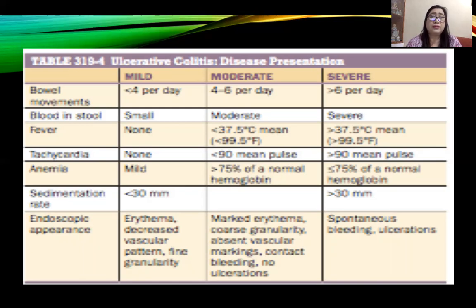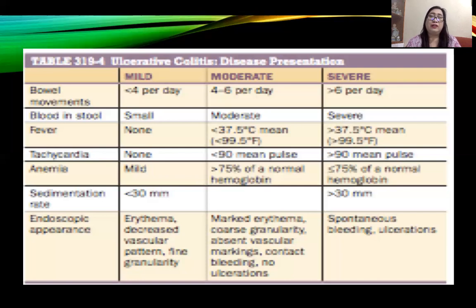Your blood in the stool, in mild, sometimes you don't see it, but in moderate, no, I'm sorry. Your blood in the stool is always present, okay? In mild, you may see it, and in severe, as the term implies, there is severe bleeding. So in mild, there is mild bleeding, moderate, there's moderate bleeding, and in severe, there's severe bleeding.